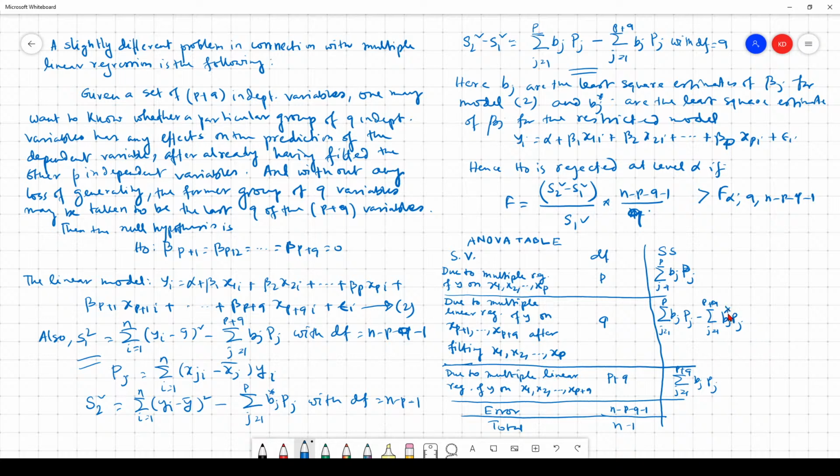This is star, so please rectify, this should be b j star. Then this is S1 square, and the last one is the sum over i of y i minus y bar whole square.